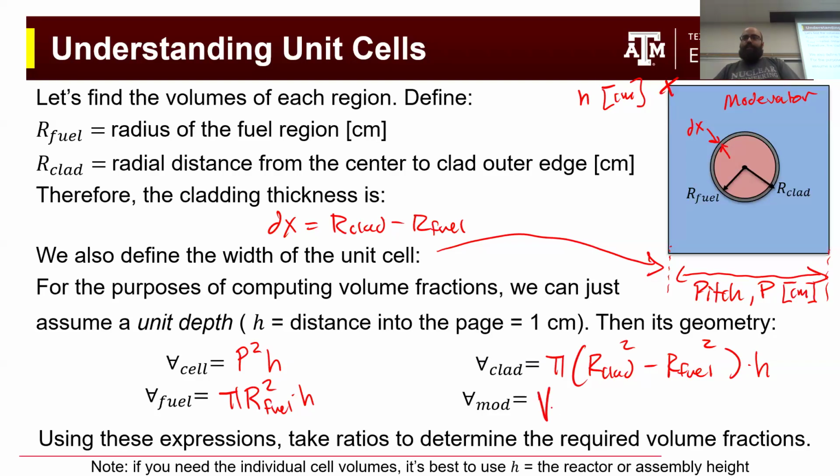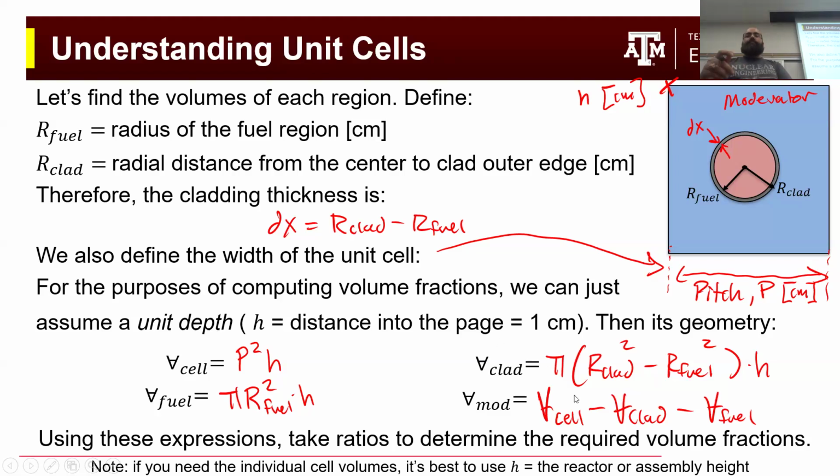So she's saying we're going to take the volume of the cell, which is the entire volume, and then subtract off the volumes that aren't the moderator. So we subtract off the volume of the clad, and we subtract off the volume of the fuel. Awesome. The geometry can sometimes be hard, but that's how we would compute those individual volumes.